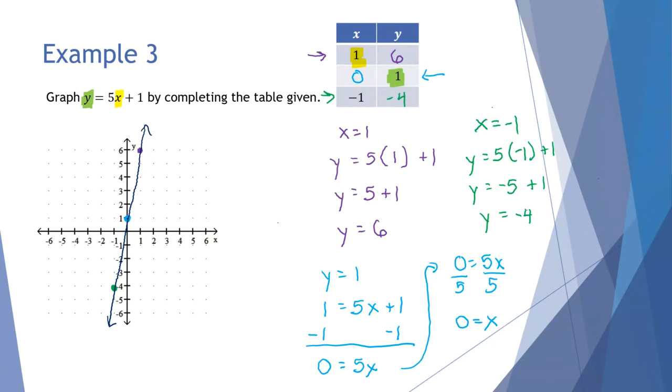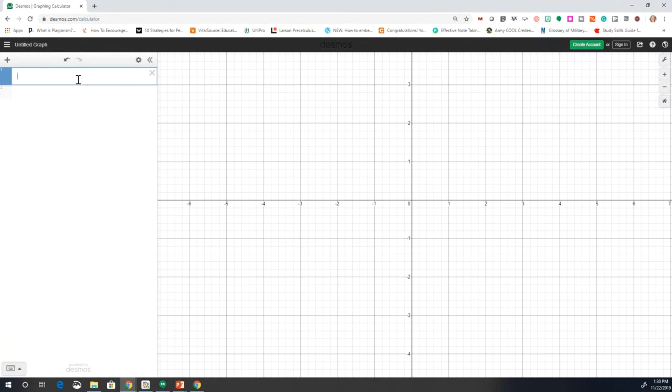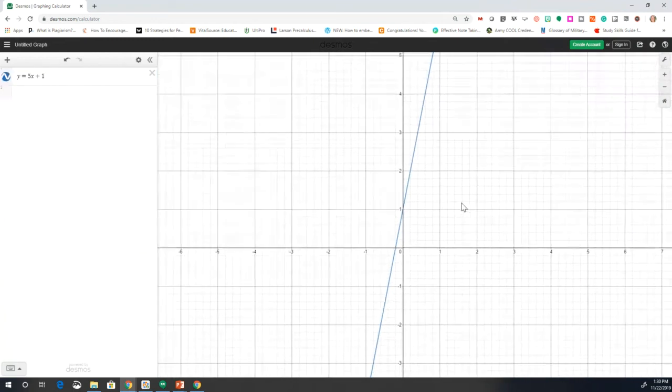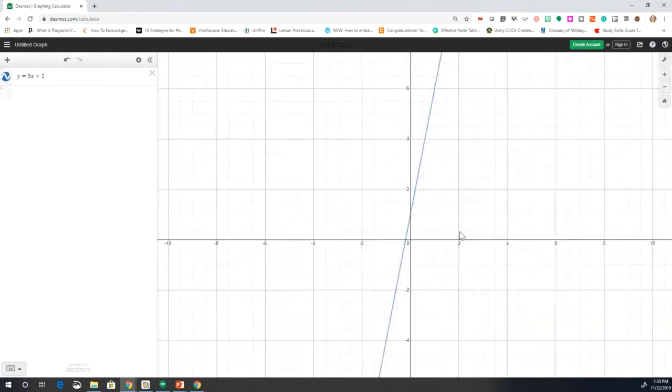And so now that's what this looks like. And you can graph these on Desmos. So if I pull Desmos back up, I'm going to just delete all of these points. Desmos can graph the line directly, y equals 5x plus 1. And then, see, I can zoom out.